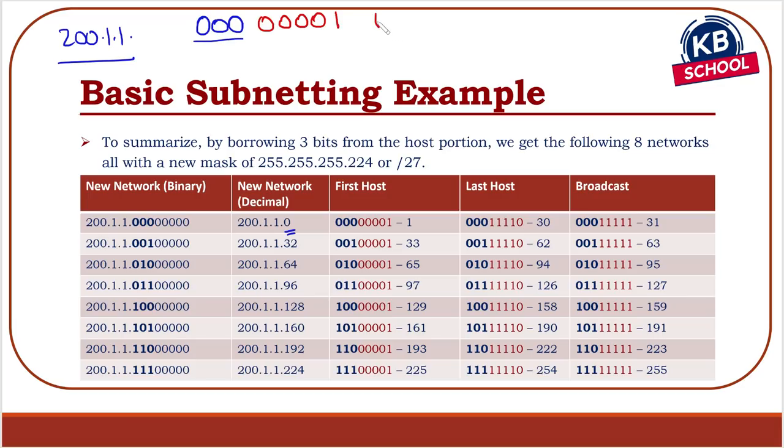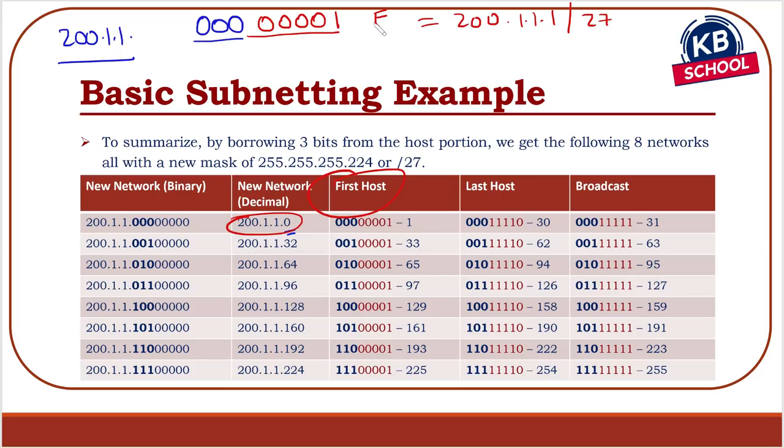That becomes my first usable host. And now when I assign it to my device, I'll say 200.1.1.00000001. That in decimal becomes 200.1.1.1/27. So the first 3 bits over here are network bits. The last 5 are host. So that is my first usable host on that 200.1.1.0 network.